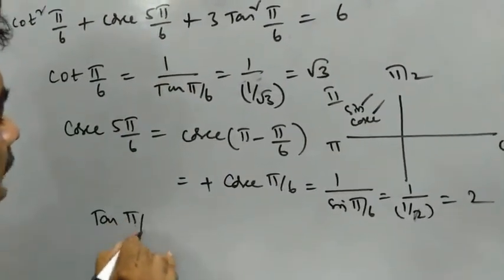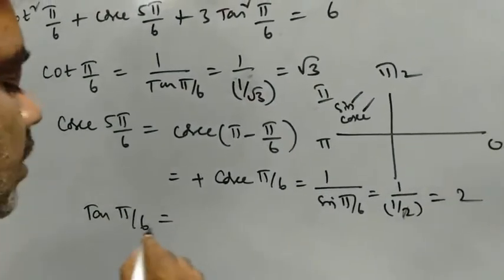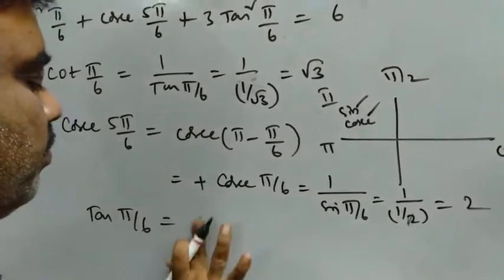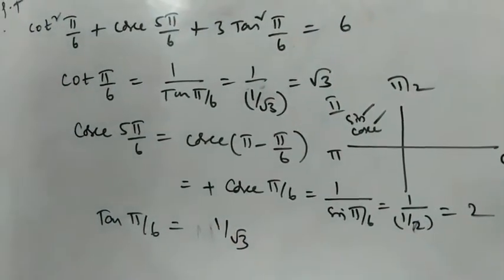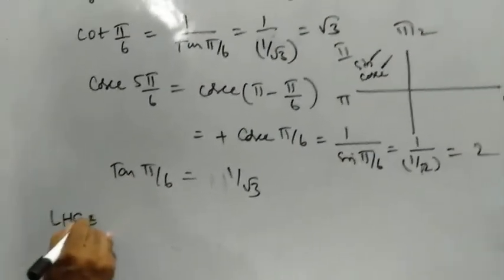So next, tan pi by 6. What is tan pi by 6? Tan 30 means 1 by root 3. Now consider the left hand side part.